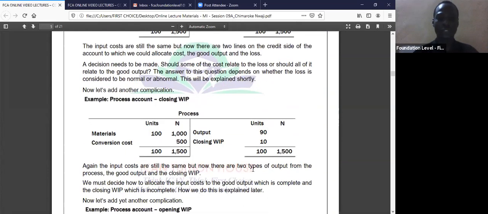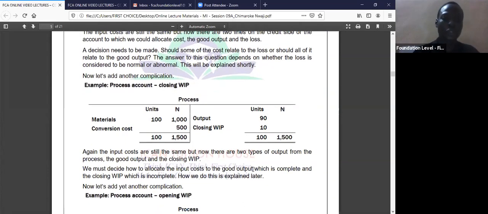We also said that you can get a situation whereby you have spent 1,500 naira in making it as input into the production, but yet you find out that at the end of the period, not all the input has been converted to output.